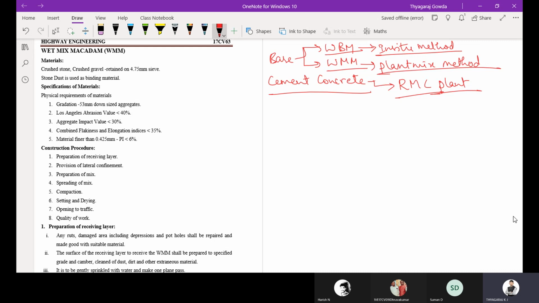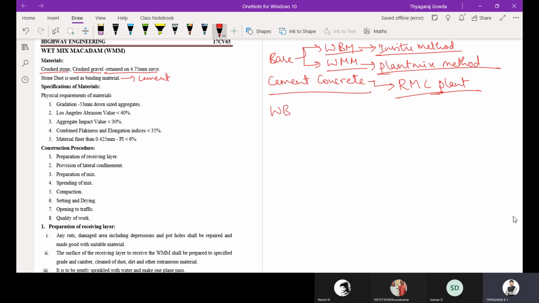So what are the various materials used in wet mix macadam? Crushed stone or crushed gravel retained on 4.75 mm sieve. The aggregates retained on 4.75 mm sieve are considered coarse aggregates used in wet mix macadam. Then stone dust or cement as binding material.